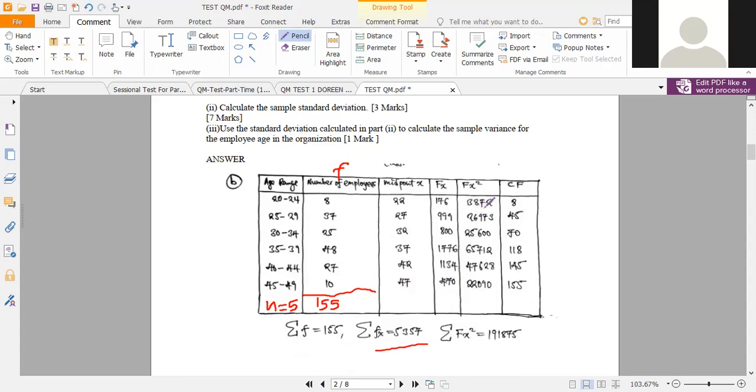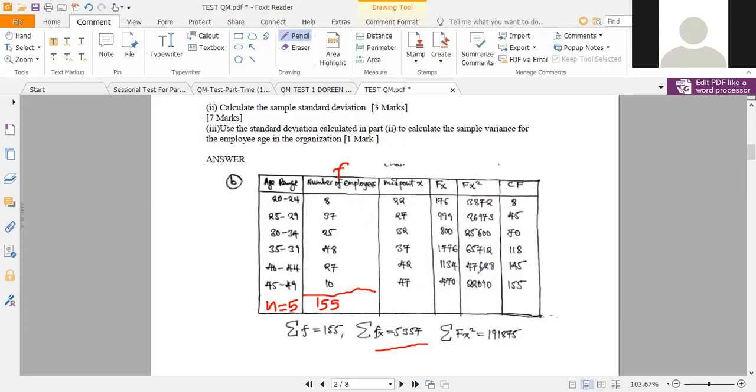To get the Fx squared, don't square this. You simply start from the F and you multiply it by the X squared. So in the X squared column, when we square this, 22 squared times 8, we get 3872. 27 squared times 37, we get 26,973. 32 squared times 25, until the last number, 47 squared times 10, you get 22,090.